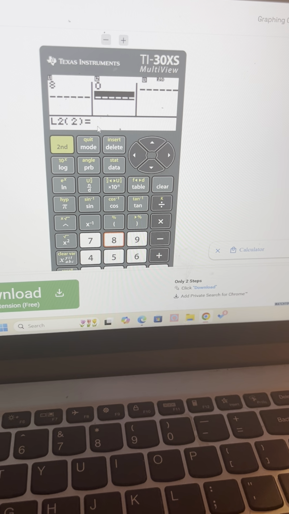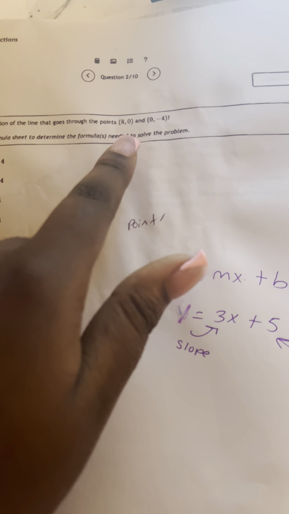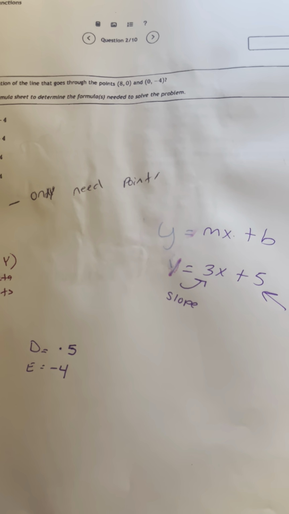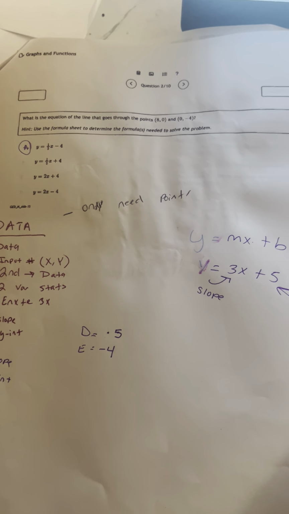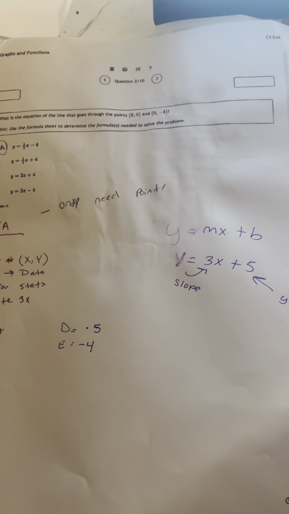So you have your 8 and 0 because that's one of your first points. Excuse my desk. I've been eating. 8 and 0. Now, then I will put 0, -4. So I'll go over here.